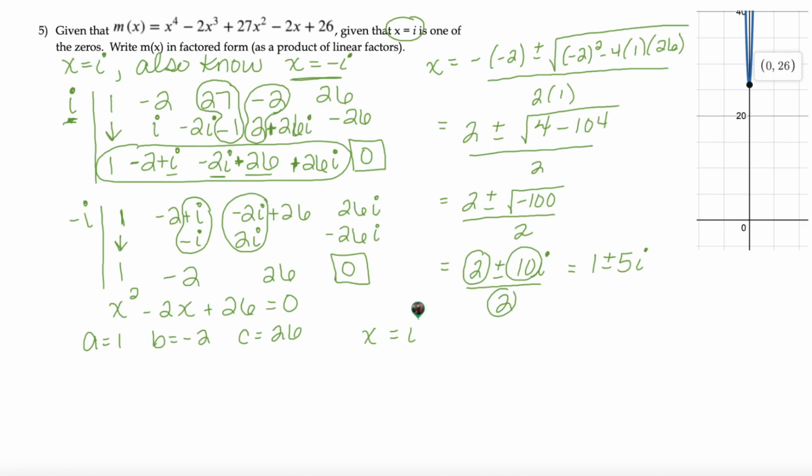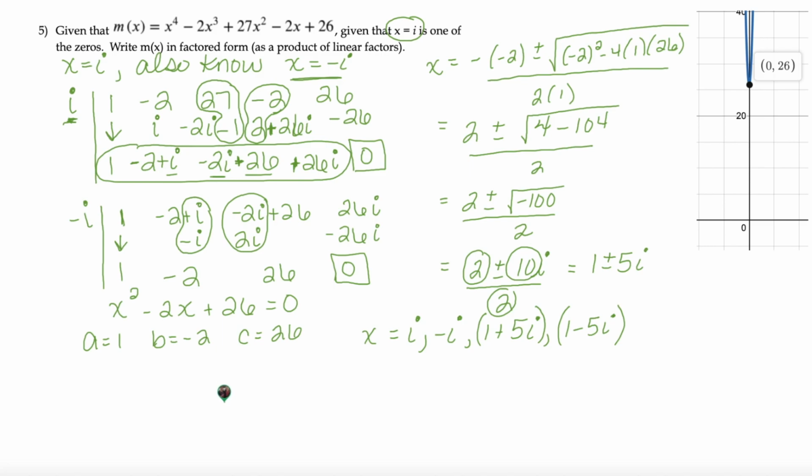x equals i, x equals negative i, x equals 1 plus 5i, and x equals 1 minus 5i, but we need to put it in linear factors. Just like I did the last example, I'm going to put these in parentheses here so that when I subtract them, I can subtract the whole unit.